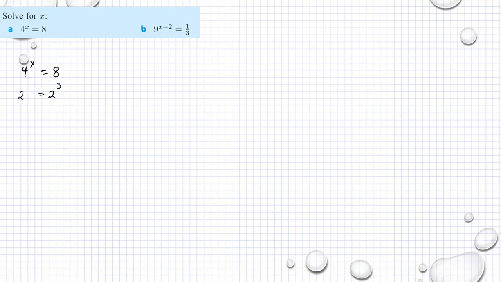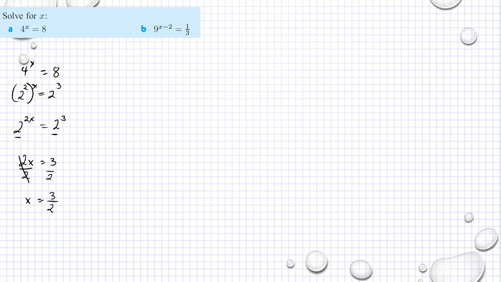So we have 2 raised to 2, which is 4, raised to x. And then a law says that 2 raised to 2x, we multiply the exponents, is equal to 2 raised to 3. Now we know that we have the same base, so we have 2x is equal to 3. Divide both sides of the equation by 2. Then we have x is equal to 3/2, or 1.5 if you want to express that in decimal.